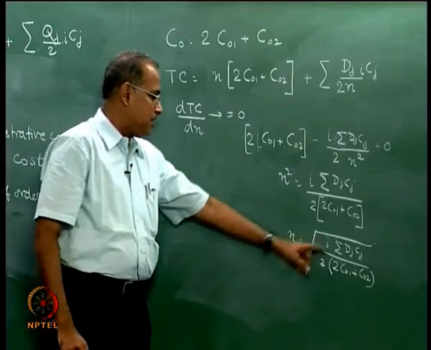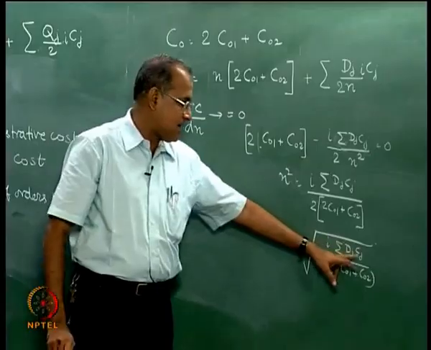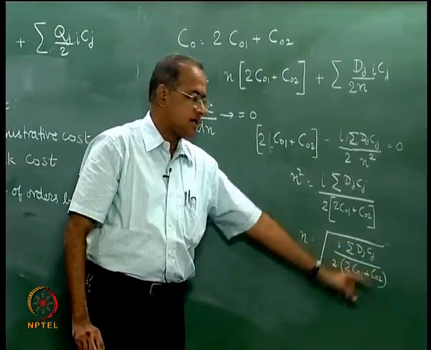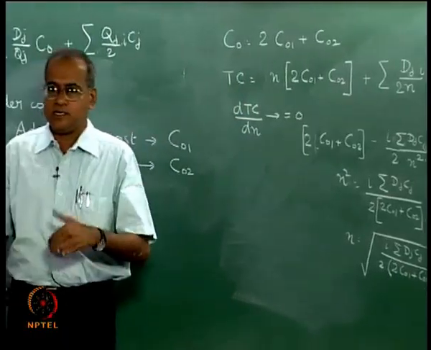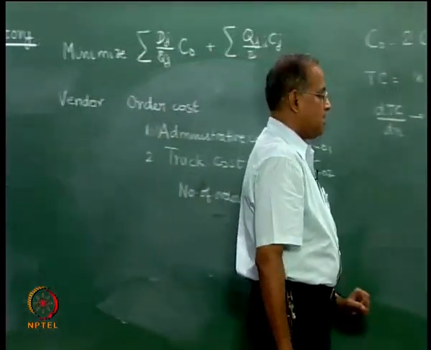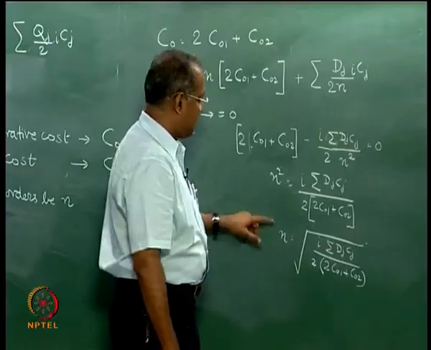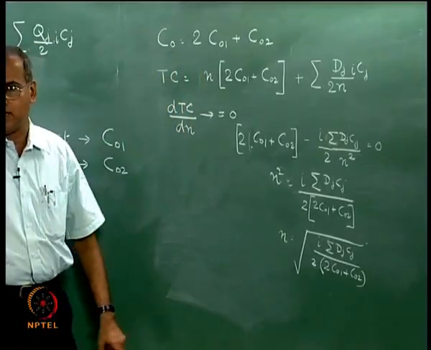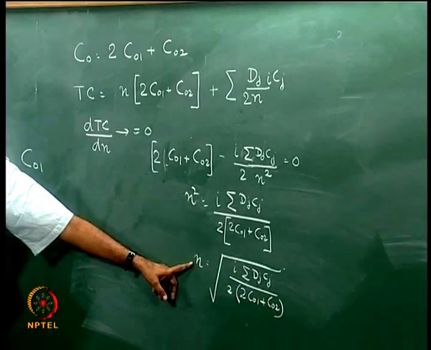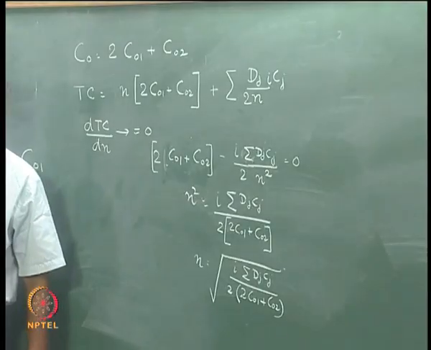Now, in this dj is the annual demand for item j, cj is the unit cost for item j. The order cost has two components, which are the administrative cost and the truck cost. By combining the orders, we incur 1 truck cost and 2 administrative costs, and n is the equal number of orders that we have. So, we can use this formula to get this n, and then we explain this through a numerical example in the next lecture.